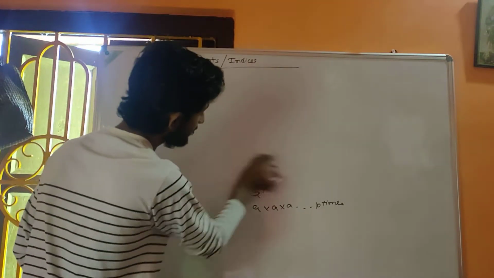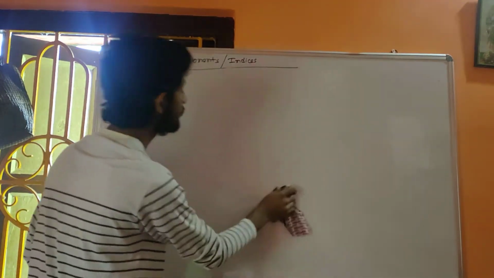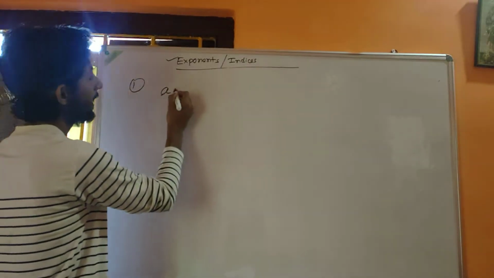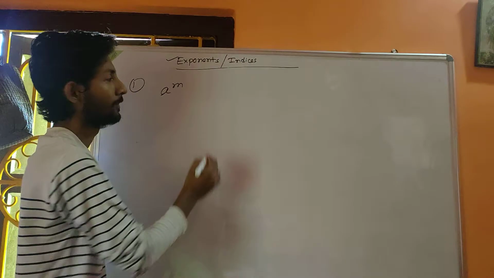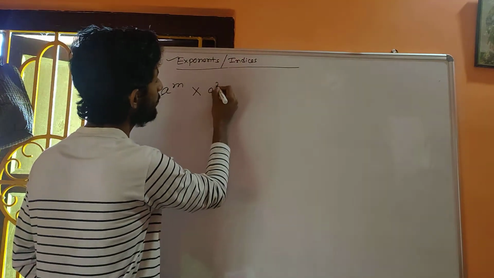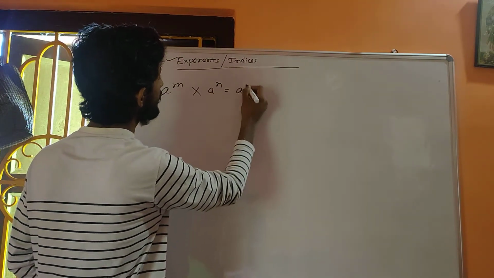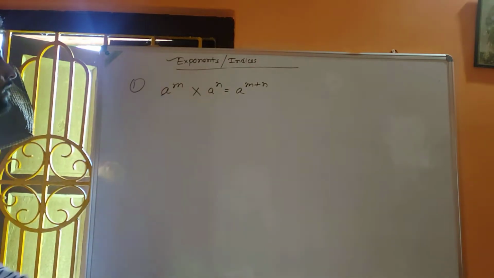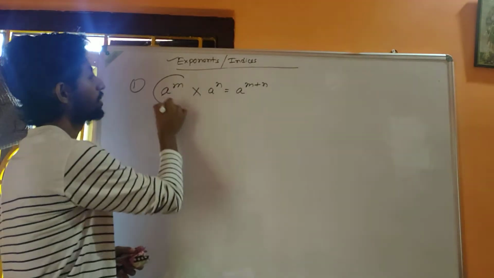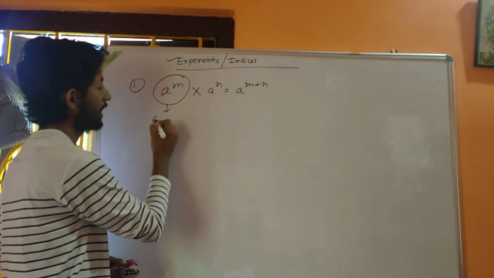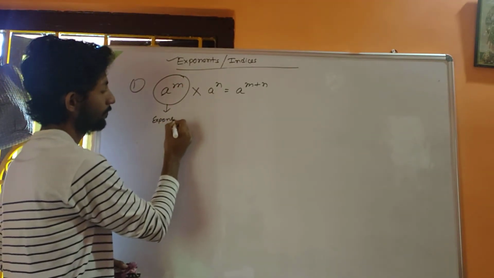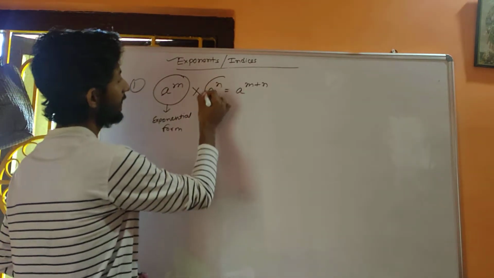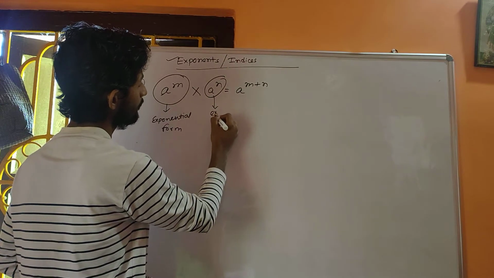Now we'll discuss some formulas here. The first formula is a to the power m into a to the power n, which equals a to the power m plus n. Look, what is the meaning of it? There is an exponential form, and also another exponential form.